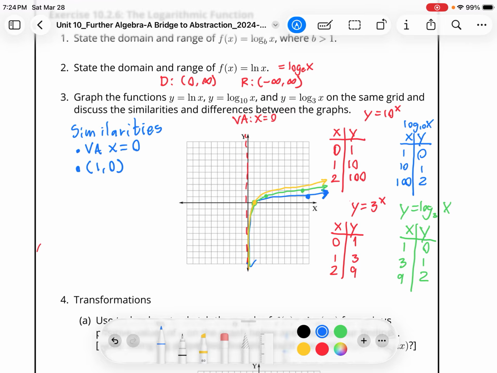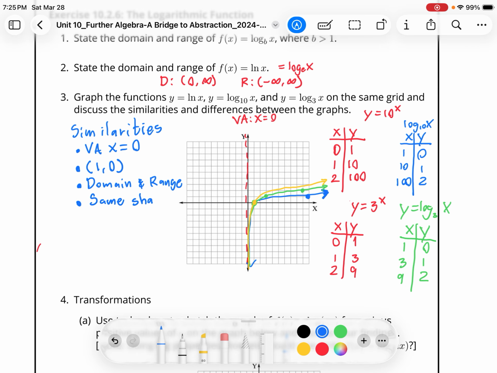In this particular case, the domain and the range are all the same. And of course, the shape in general is the same. In general, that is.